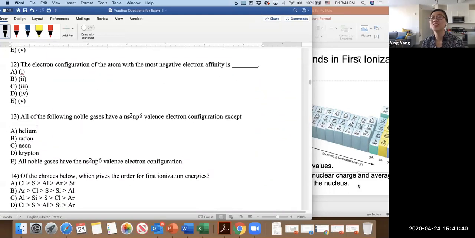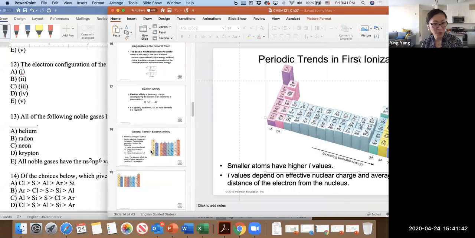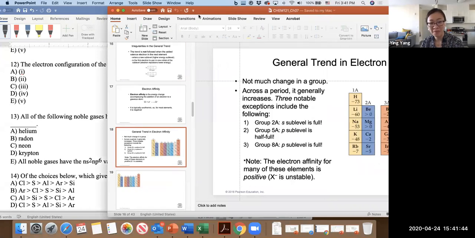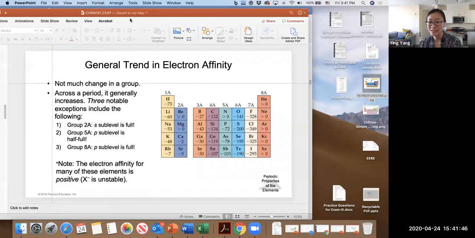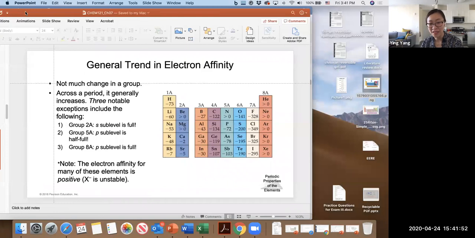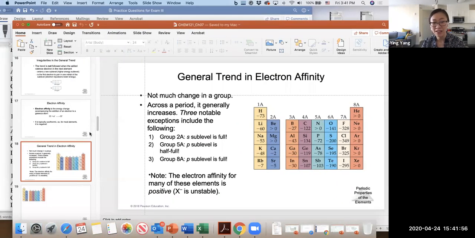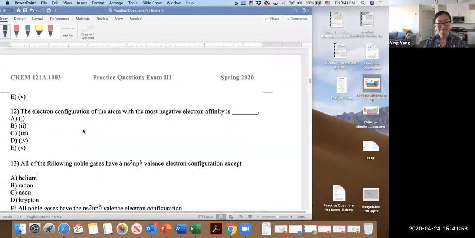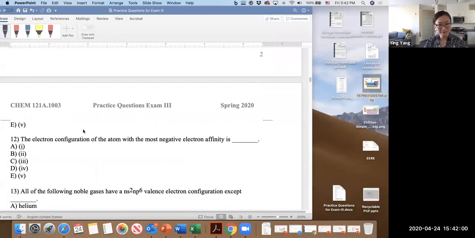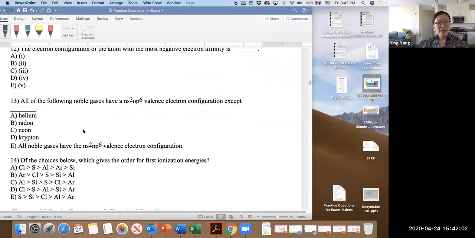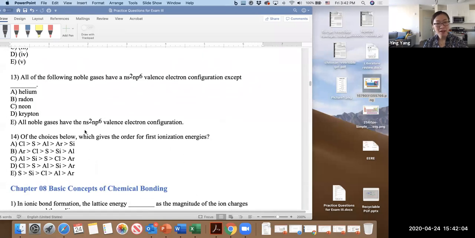Of course, as it is an open book exam, you can always go to the table and see where you have the most negative electron affinity, but you have to figure out what exactly that element is, right?